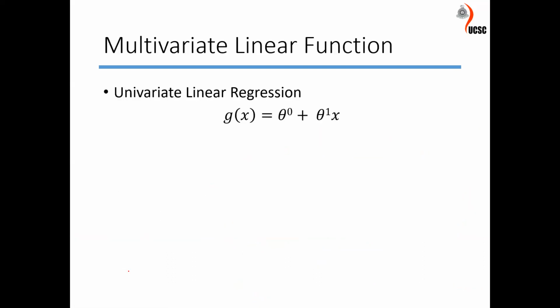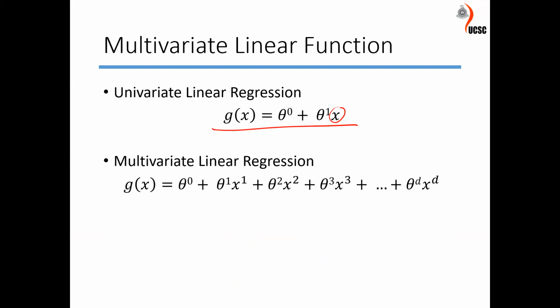Then, in univariate linear regression, this was our hypothesis. It has only one value, like GPA, and because of that we have only one x here. But if you consider multivariate linear regression, now we have a number of dimensions.